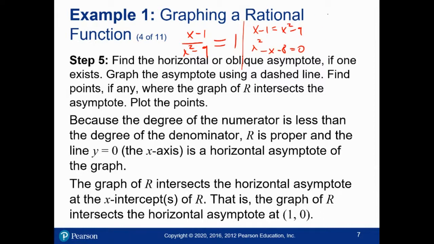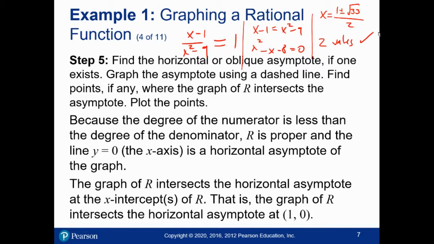Okay. Then I would use the quadratic formula. x would be equal to 1 plus or minus the square root of b squared minus 4ac, which is going to be 33, over 2. So there are, in fact, two values where I do actually touch my vertical asymptote. Sorry, not vertical, my horizontal asymptote.